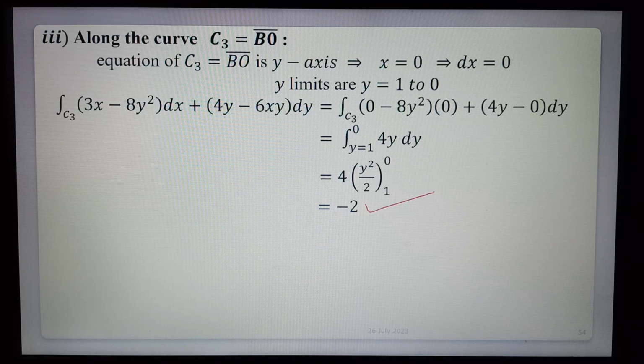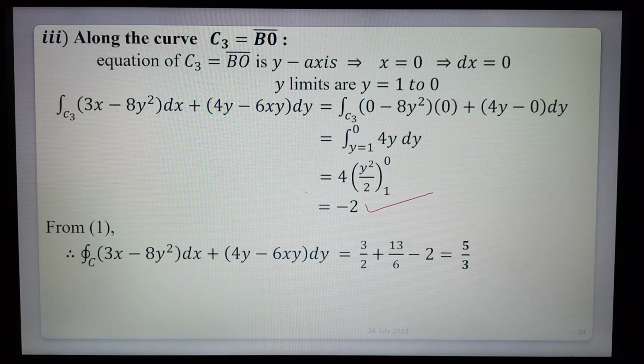So now adding all: along C1 plus along C2 plus along C3. That is the required line integration over C. That is equal to, from equation 1, integration over C is equal to first value 3 by 2 plus second value 13 by 6 minus third value 2, minus 2. So adding all, that is 5 by 3.